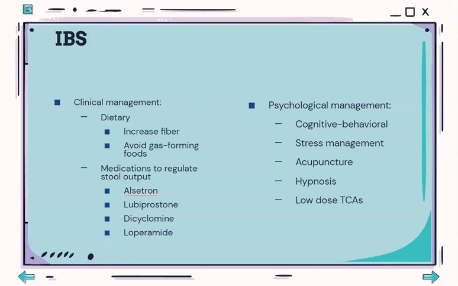We can also try some psychological management for trying to manage these symptoms. They can do some cognitive behavioral therapy, sometimes stress management, because we know a lot of times stress can aggravate this disease process. Acupuncture could be one of the things we would use, even hypnosis.